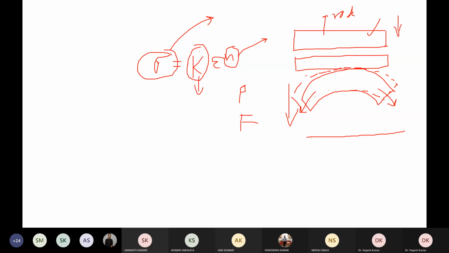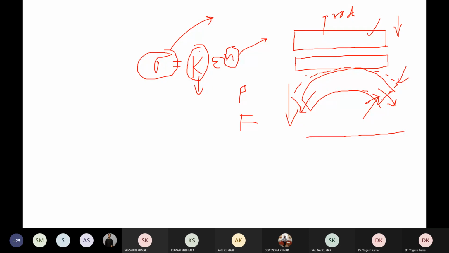So due to this, the spring back phenomenon comes into the picture. If you release the force, there is deviation from your final product to the desired product. So this deviation is called your spring back.